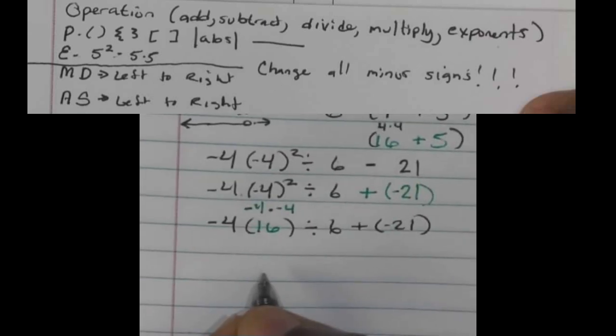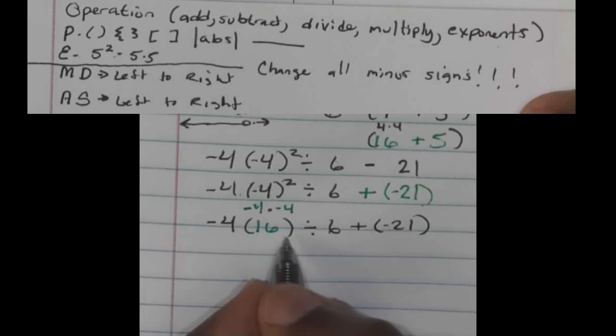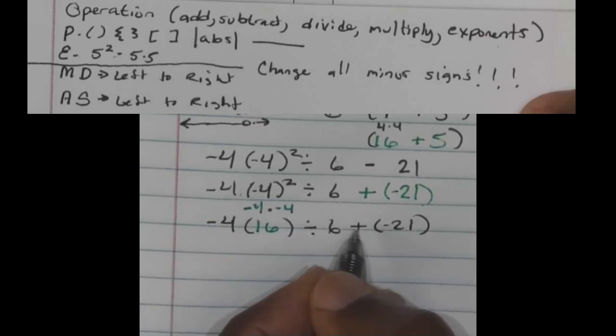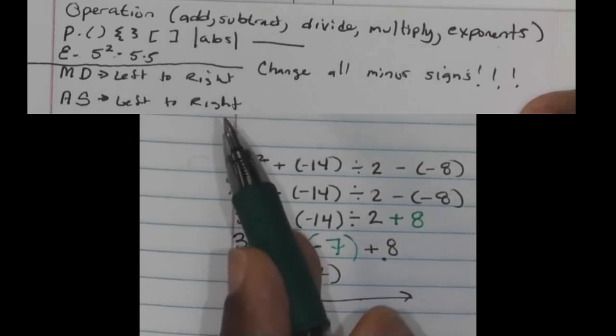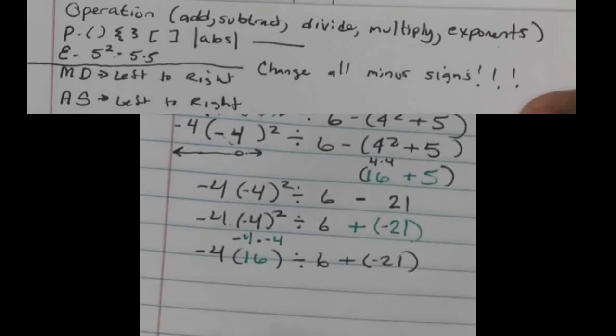Alright. Now, here we go. What operations do we have left? Multiplication, division, and what? And addition. Alright, we got multiplication, division, and addition. If we go back to our cheat sheet, multiplication goes first. Yeah, that's left to right, right? It don't make sense to do 16 divided by 6 first.